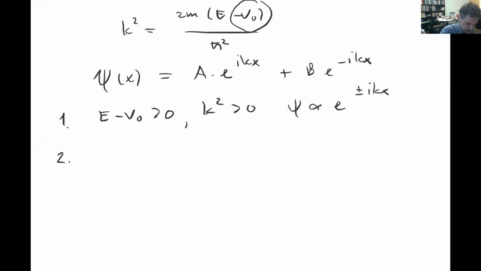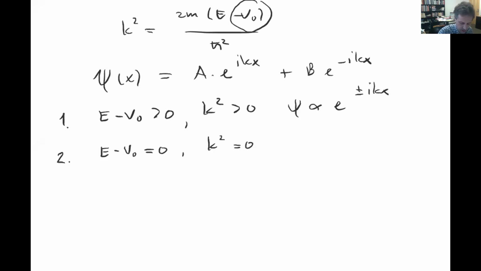Scenario 2 is when E minus V0 is equal to 0. What does that mean? That means that the total energy, E, is equal to the potential energy. So these two things cancel out. And in that case, k squared equals 0.